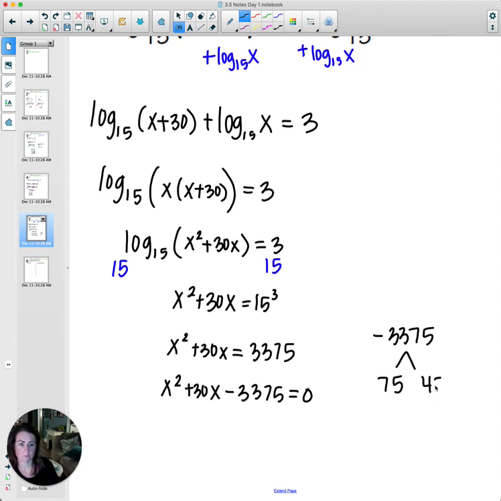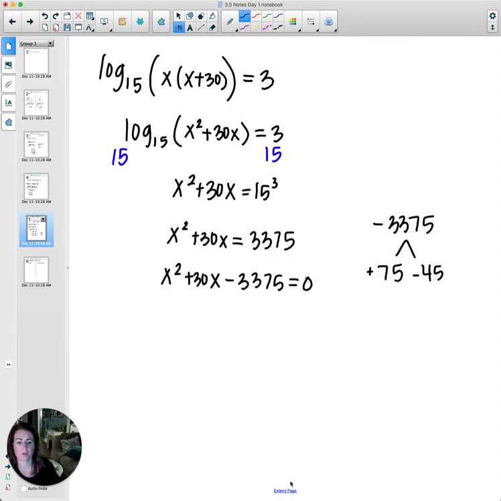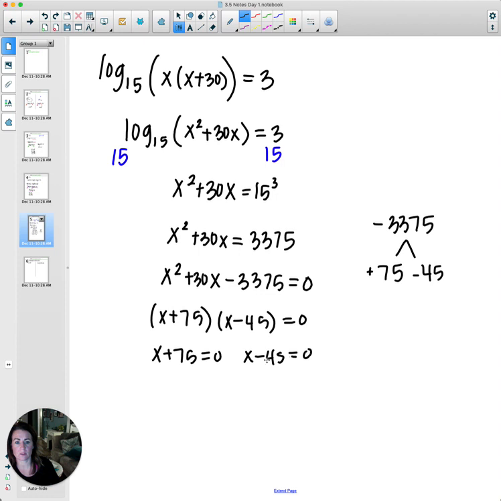You want it to be a positive 30, so you're going to want a positive 75 and a negative 45. Split these up and solve. So x plus 75 equals 0. X minus 45 equals 0. So x equals negative 75 or x equals 45.